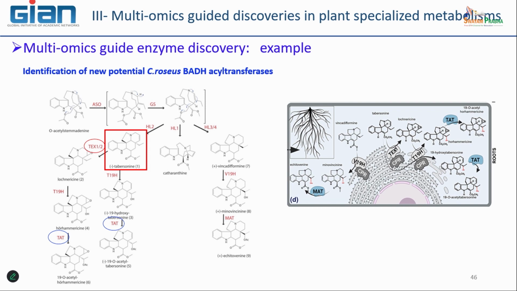And why? Because all of these metabolites have a very strong biological activity, such as anti-cancer activity, but not only, there are a lot of other very useful pharmaceutical activities, so it's really interesting to have an idea of how they are produced. Because in roots, like in leaf, they are always produced in very, very small quantities.